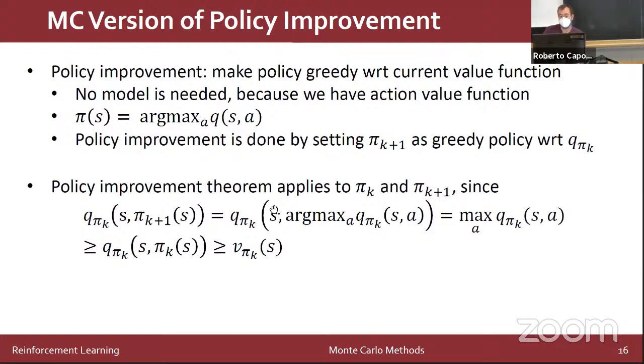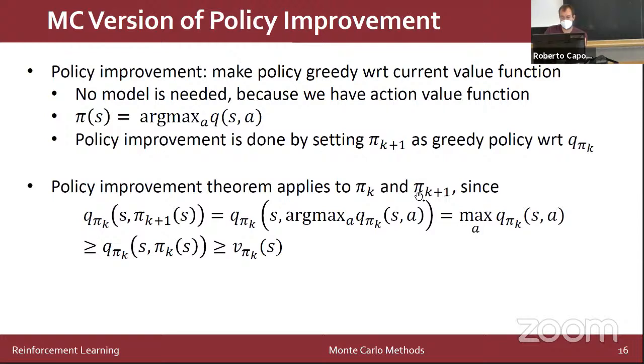So if we take the argmax internally of the same thing, we're taking the argmax of Q pi inside Q pi. This is the same as maximizing Q pi over A. But then this is greater or equal than the value that you could get by taking any other action, right?